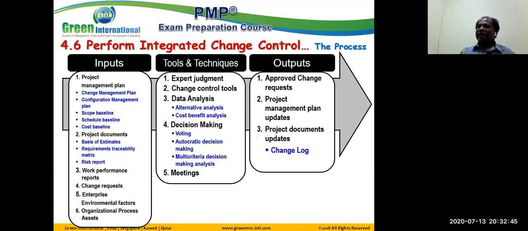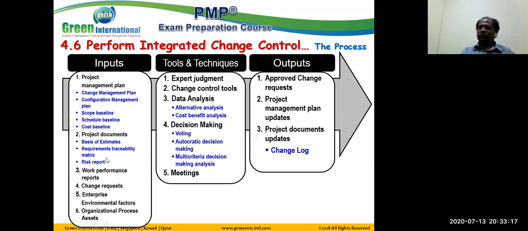So we gain their inputs while we are performing the change management. Otherwise, if the stakeholder is not involved, he is not going to accept in the change control board, and you may not get the right decision for managing the change. That's why we want to include the stakeholders in this process. Who needs to be involved can be seen from the requirement traceability matrix. Correct? Yes.